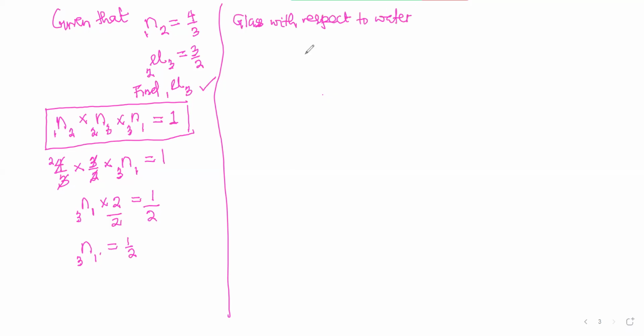Last time I told you that "with respect to" simply means that is the first medium. So the first medium is water and it is entering into glass, and the refractive index is 9/8. Then the refractive index of glass with respect to air is 3/2.